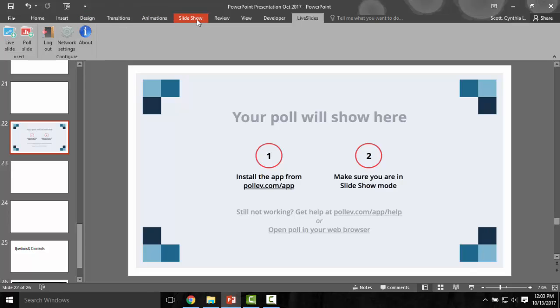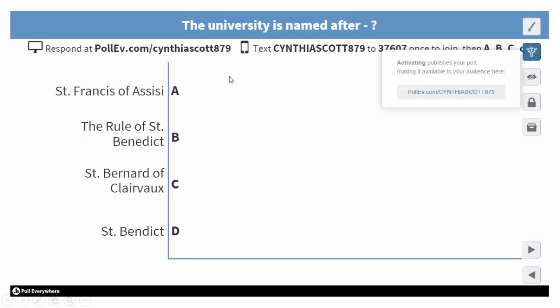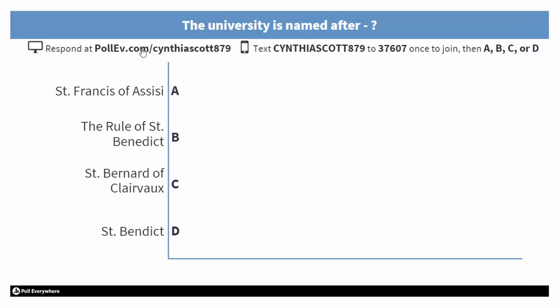And students, when you display it, students can either text their answer, or they can actually go to the website, which I'll go to now. And I believe 40 students can respond at the same time. So you can use it in a classroom very interactively.